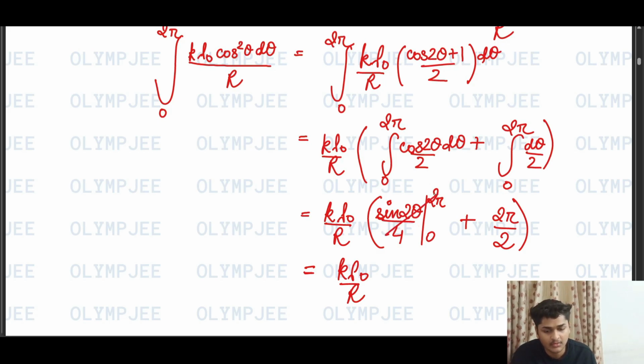So this term will become 0. And we have pi from here. So final answer will be k lambda naught pi by r.